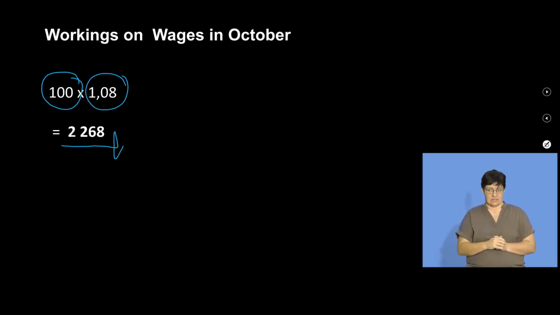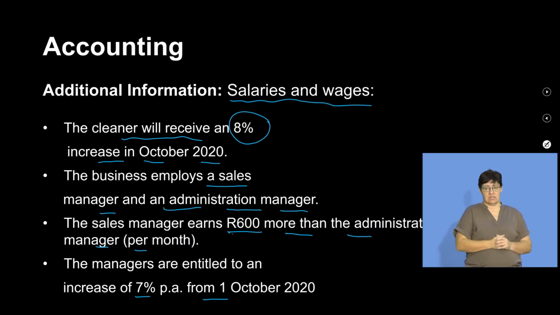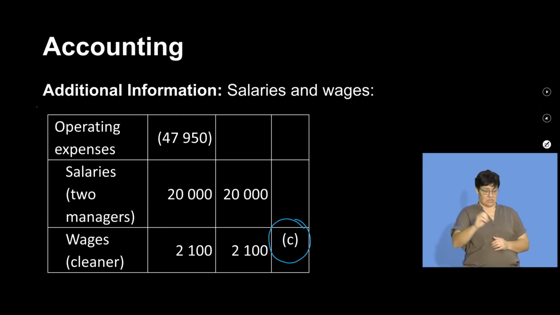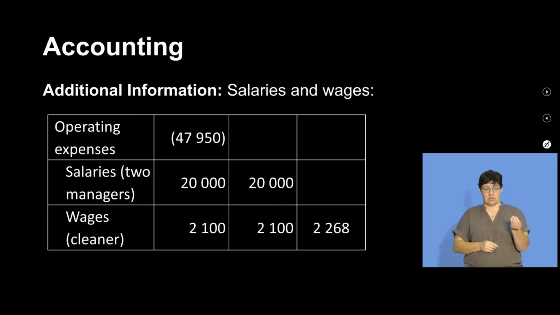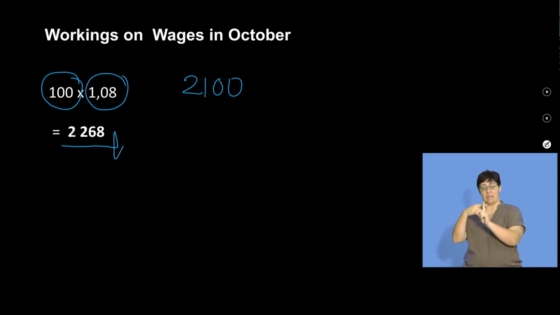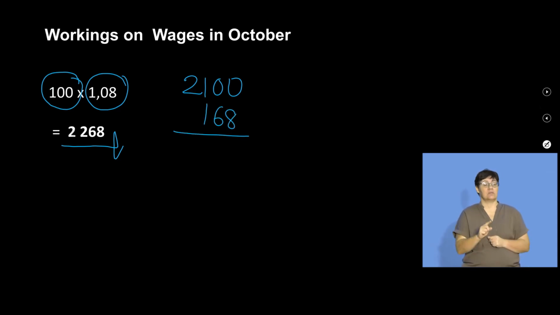The point that I'm trying to illustrate to you here is, take the previous salary, which was 2,100, okay? And if we take the 2,100 now, and we say, fine, the old salary was 2,100 plus the 168, which was the increased amount of 8%, will give you a figure of 2268.